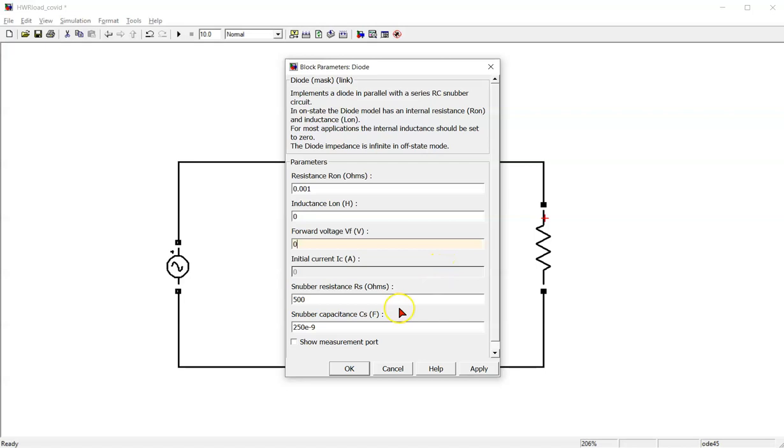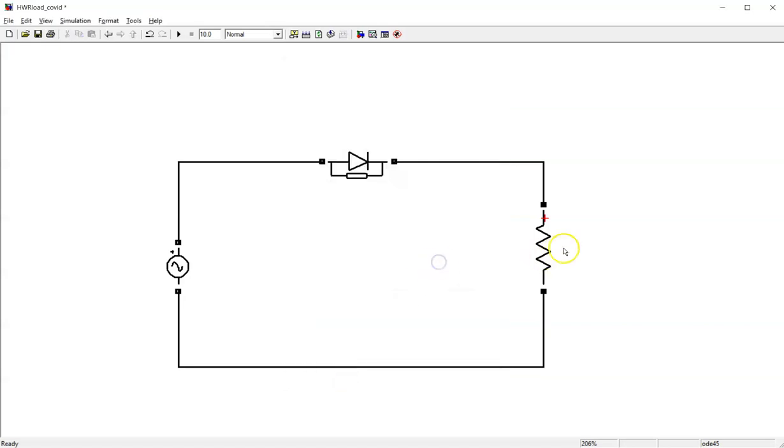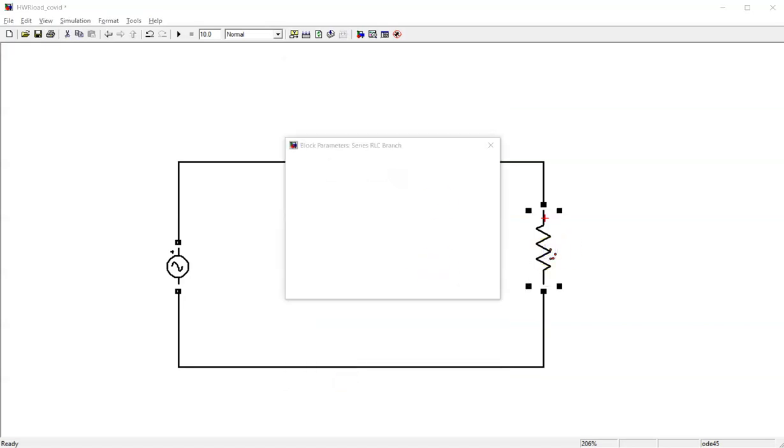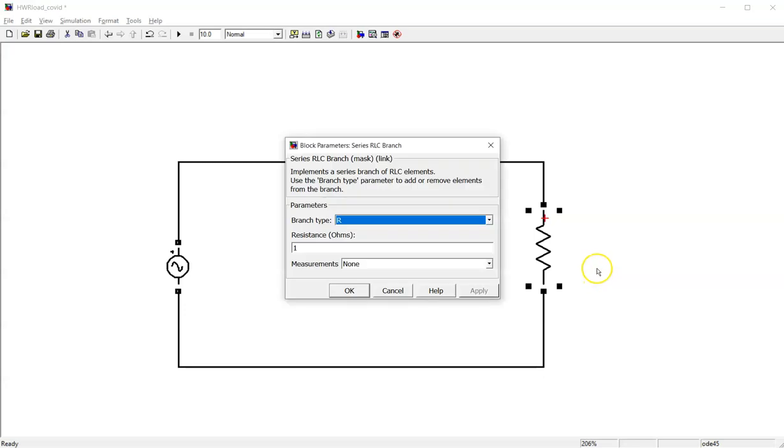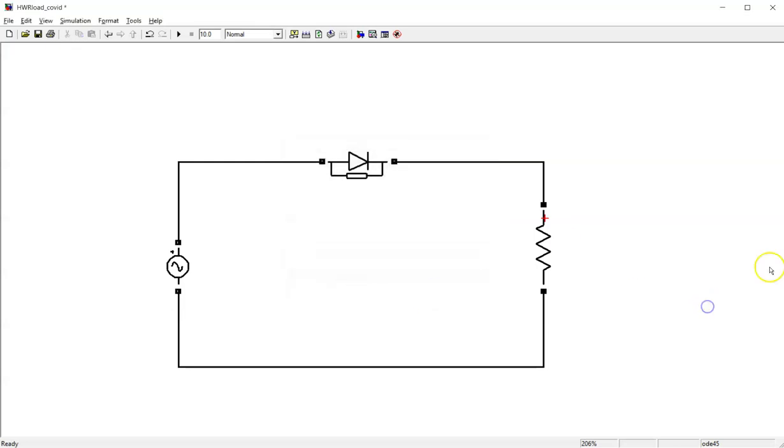We keep the snubber resistance and snubber capacitance as recommended by default by MATLAB. Then we go to the setting for the HWR load. The default value is 1. We change it to 25 ohm. Click apply and OK.